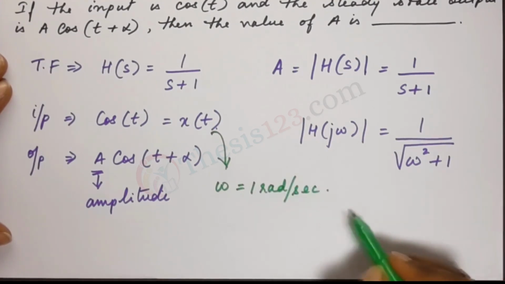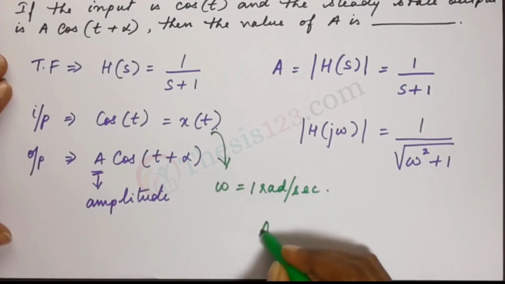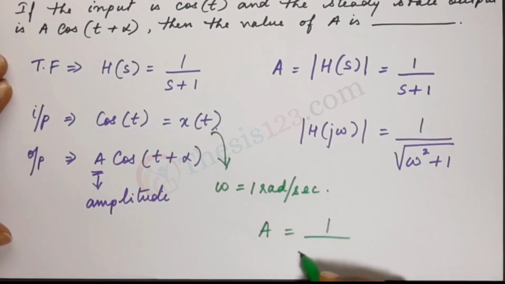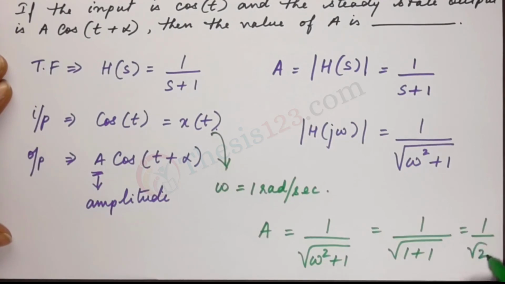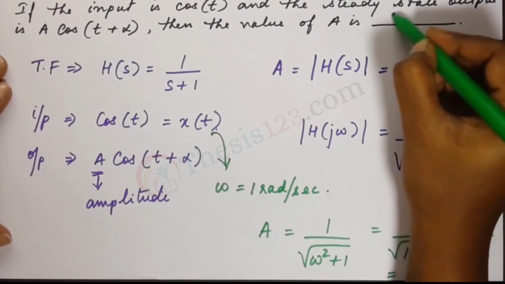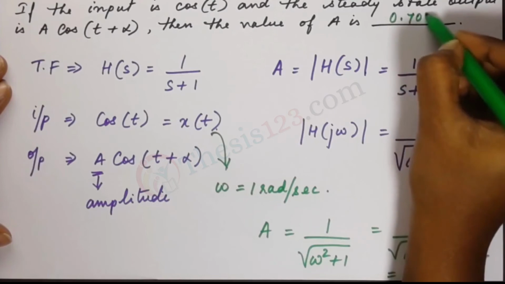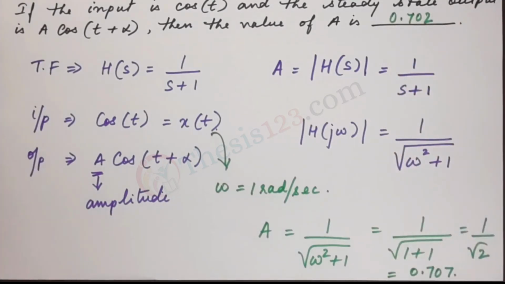If we substitute this over here, we get A is equal to 1 by root of omega square plus 1, which is equal to 1 by root of 1 plus 1, which is 1 by root 2. So 1 by root 2 in decimal form is 0.707. So that is the final answer here, 0.707. I hope this has helped.